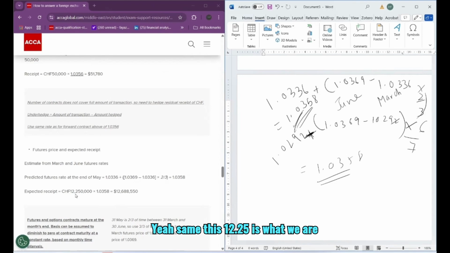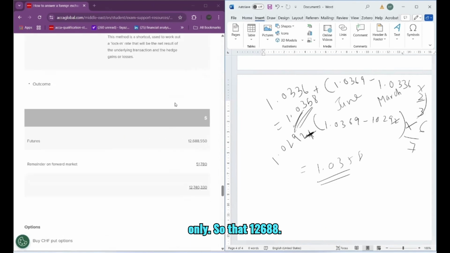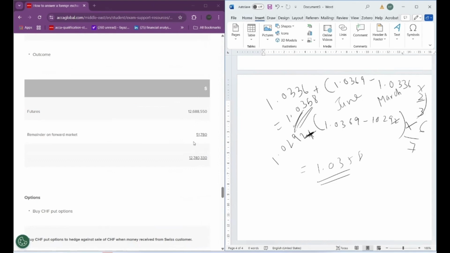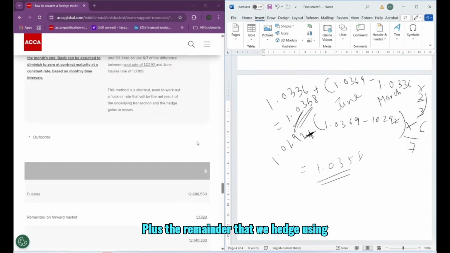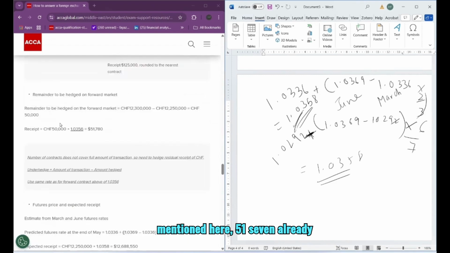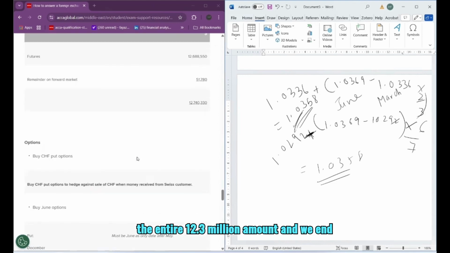This 12.25 is what we are going to hedge into 1.0358. So that 12,688 plus the remainder that we hedged using the forward market, 51.7, already mentioned here, 1.0356, the remaining 0.4 that I talked about. We'll add that as well because we have to consider the entire 12.3 million amount, and we end up getting 12.74 under futures option.